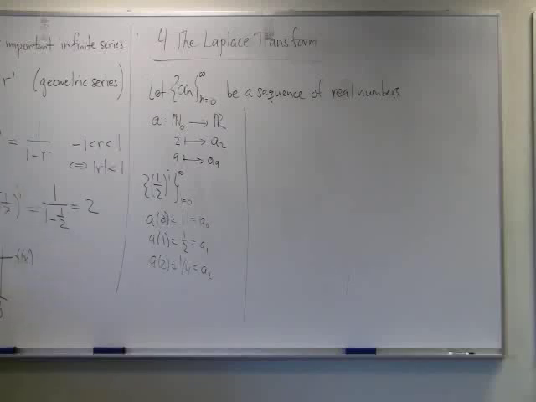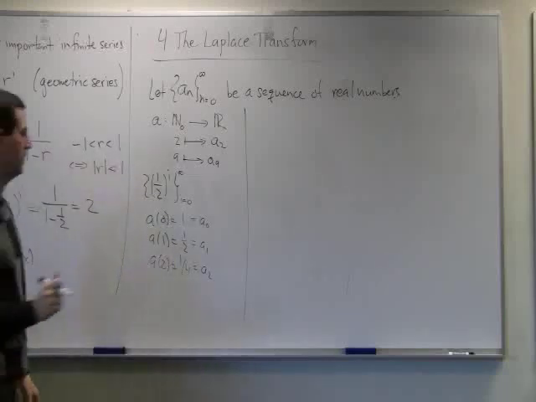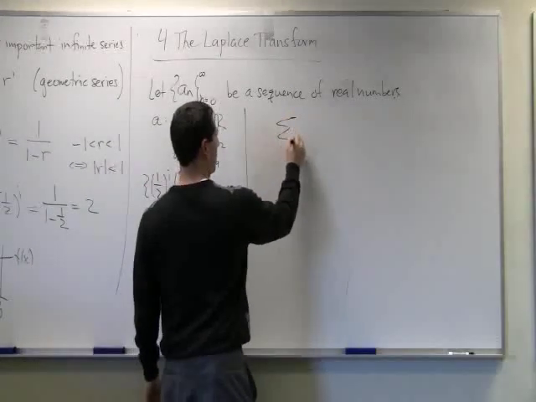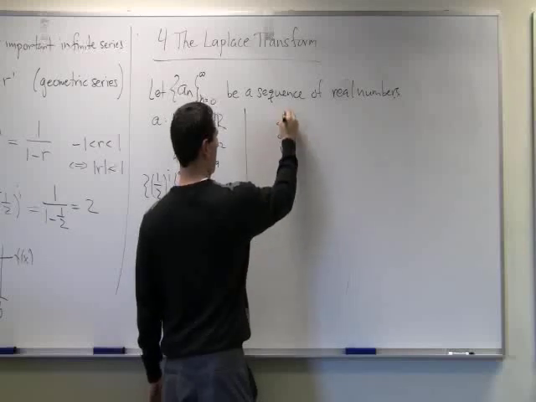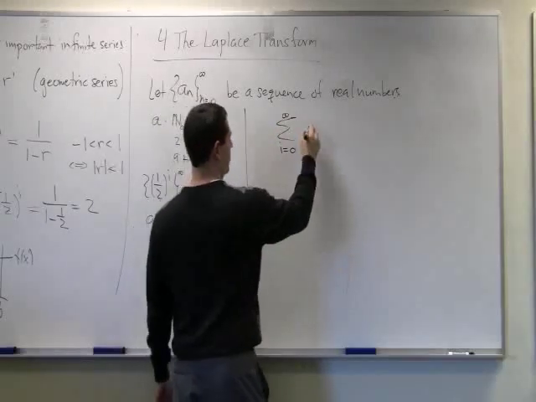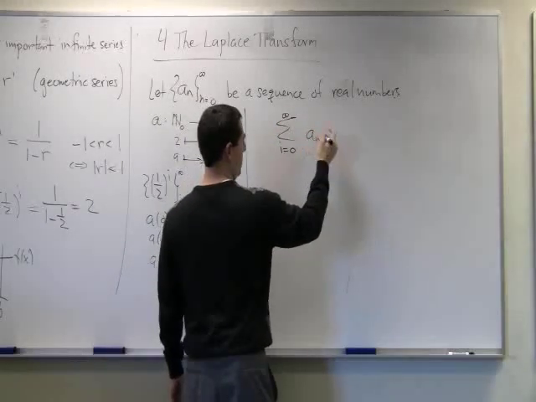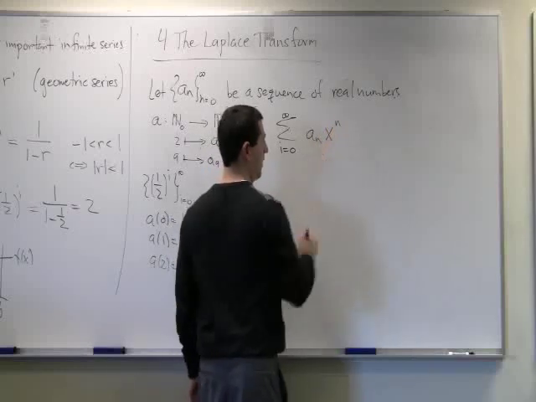And from every sequence, I can build a power series. Just remember, what's the power series? It looks like the sum, i equals 0 to infinity, of some coefficients times x to the n.